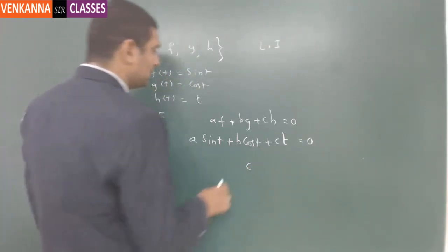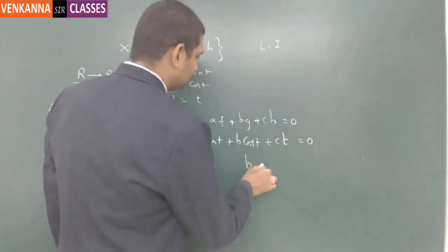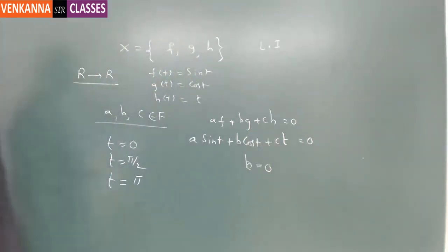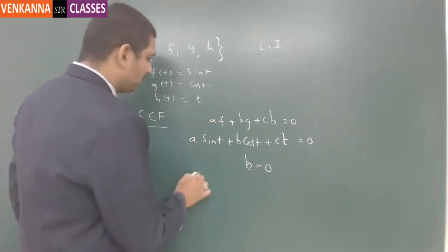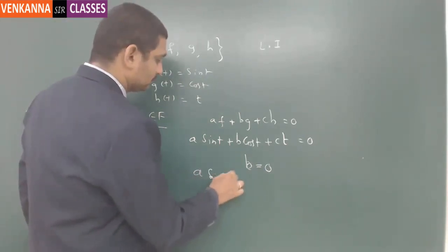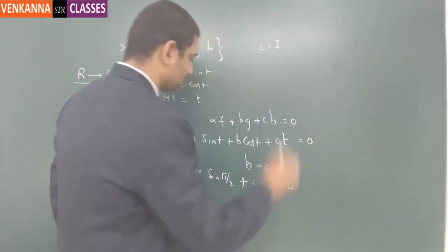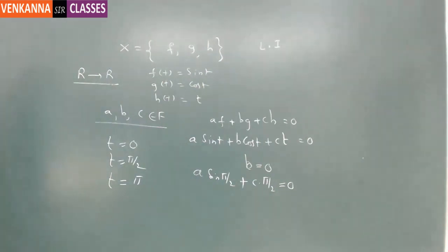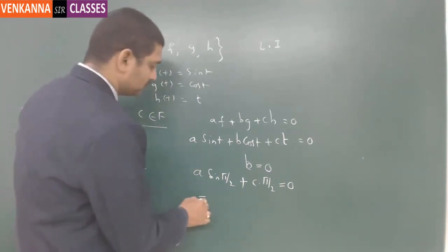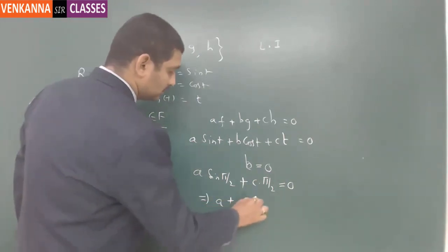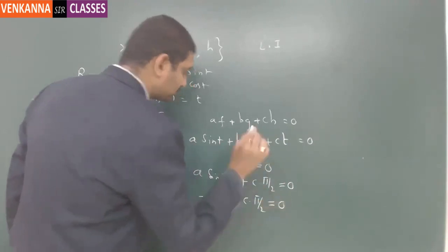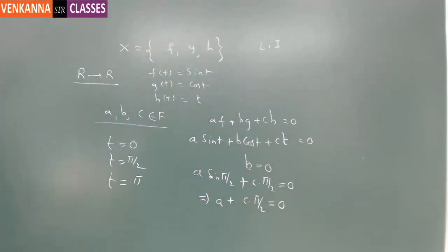if you substitute t is equal to 0, you can say b is equal to 0. So if you substitute t is equal to pi by 2, then you have, so from this you can say that a plus c into pi by 2 equal to 0.